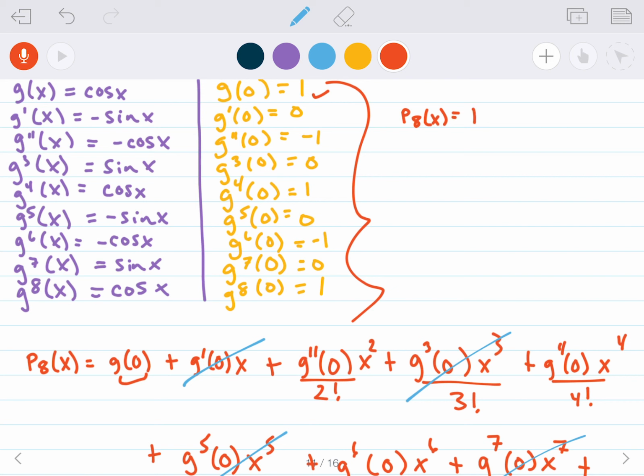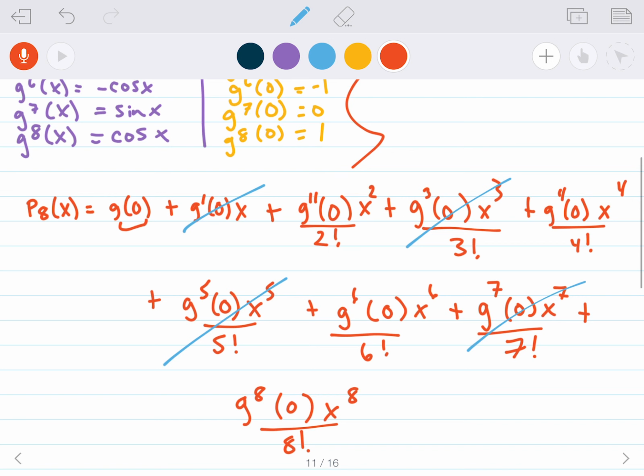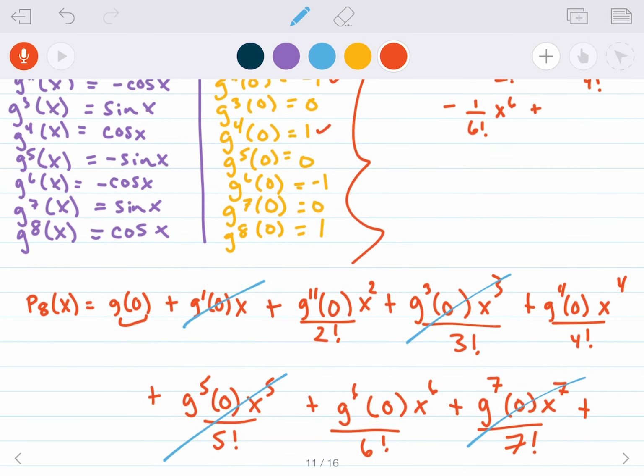So 1 plus double prime is negative 1 over 2 factorial x squared plus 1 over 4 factorial x to the 4 minus 1 over 6 factorial x to the 6th, and finally plus 1 over 8 factorial x to the 8th.